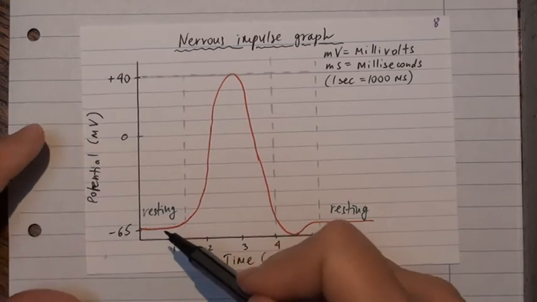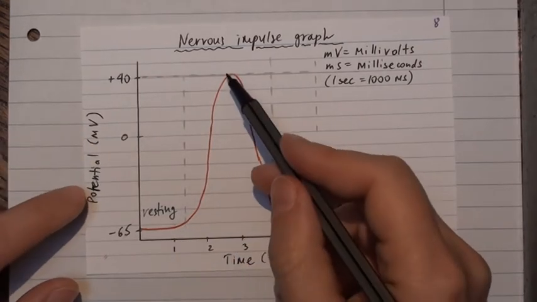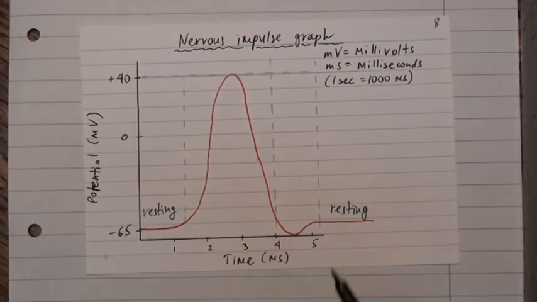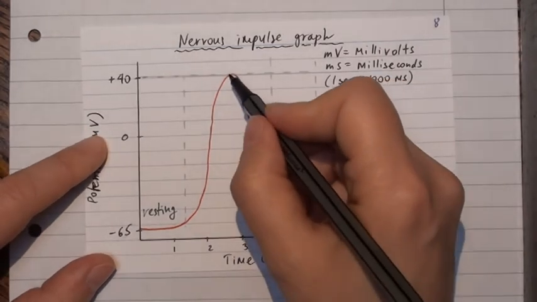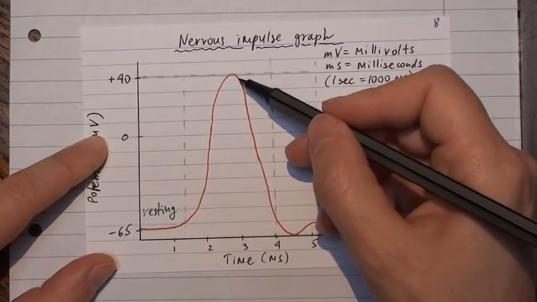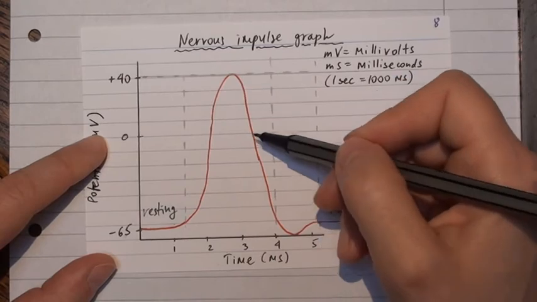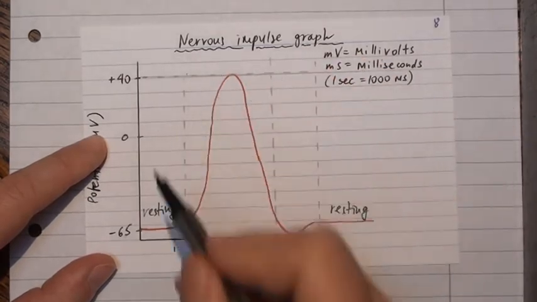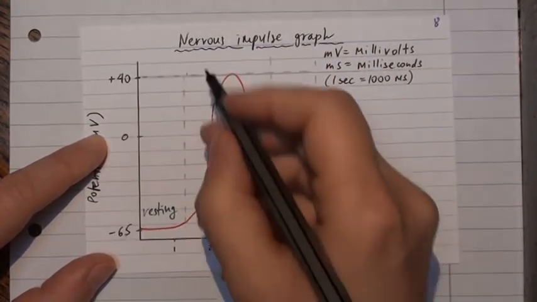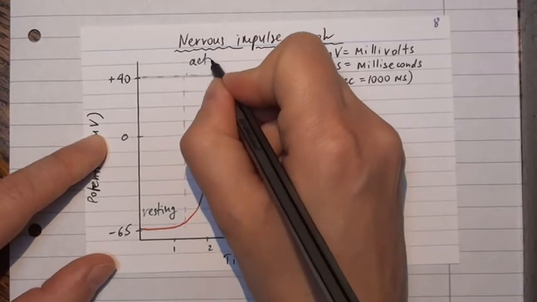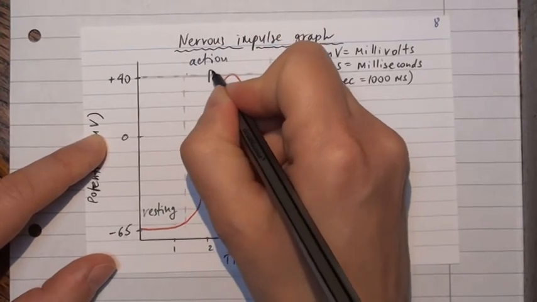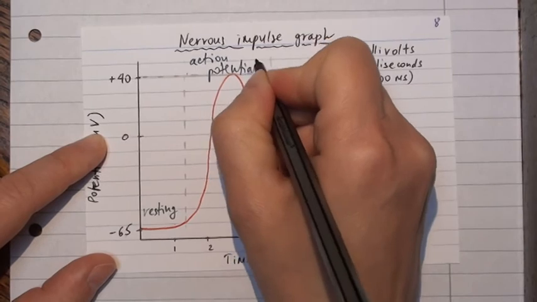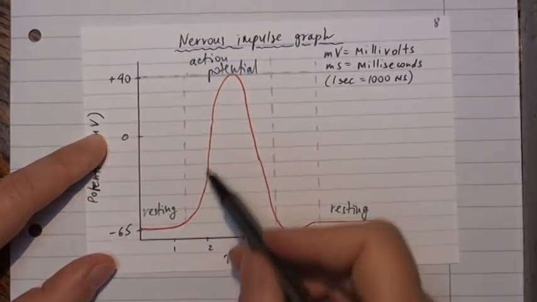So from minus 65, I've now gone to plus 40, right? And after that, I've opened my potassium channels, and then I've got the drop. So that whole section, that peak, is my action potential. So this is action potential. Okay, so from this point to this point, right, the whole peak.